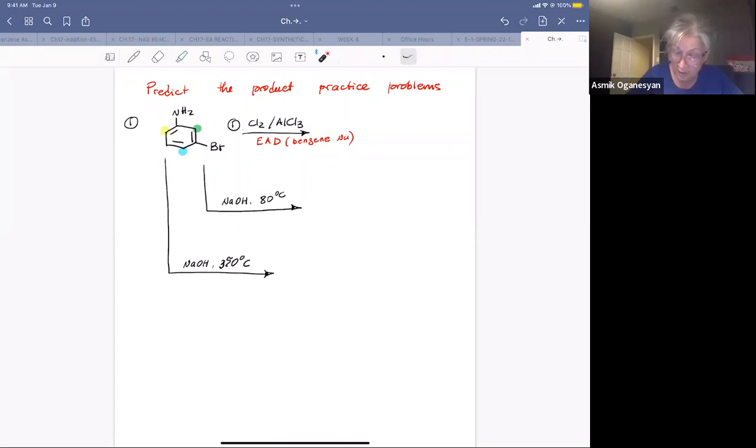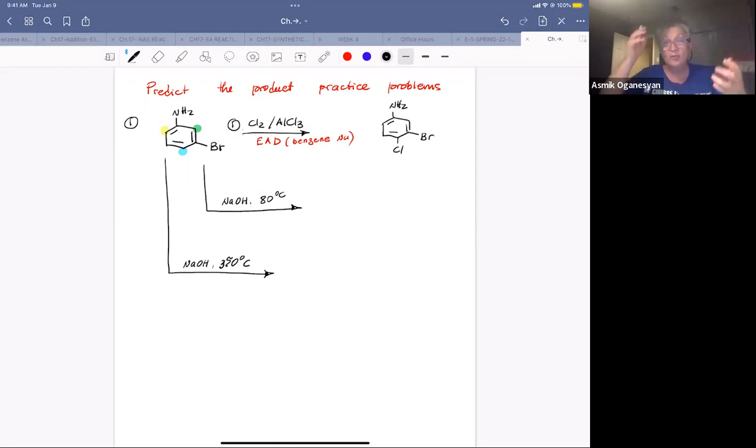We can see that if we put chlorine over here, it will be repelled by two substituents. If we put it on the other ortho position, it will be next to NH2. And if we put it on the para position, it will be next to the smaller bromine. Clearly, the position next to bromine will be more favorable because it's less sterically hindered. So we're going to put the product together as the EAS product. Okay.